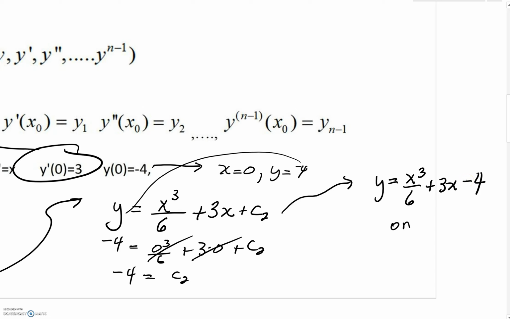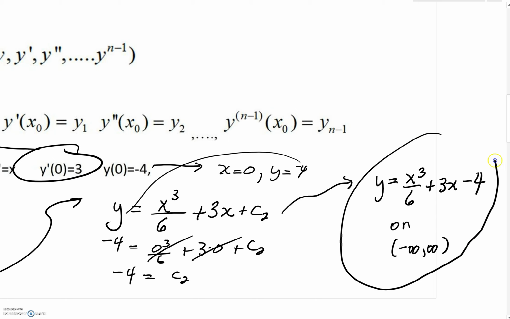You could think, what do you mean? Well, what kind of x values do you think this is going to be good on? I'm going to say it's good on all of them. So that's that second component of our learning target, finding an interval that would represent your solution. You might think, why in the world is it negative infinity to infinity? Well, your function is never going to be discontinuous.